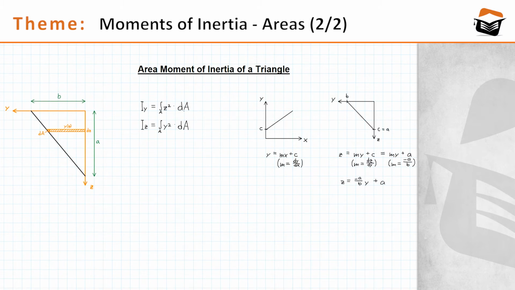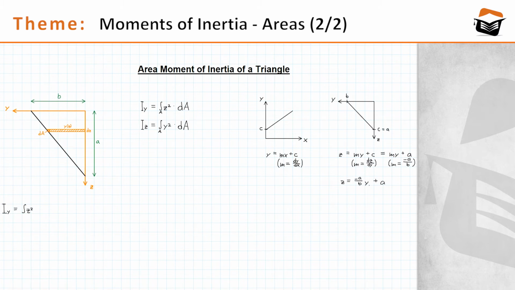For our area element, let me write down the equation once again. I_y is equal to the integral of z squared dA, and now dA is the product of y and dz. To determine y, you have to rearrange this equation.